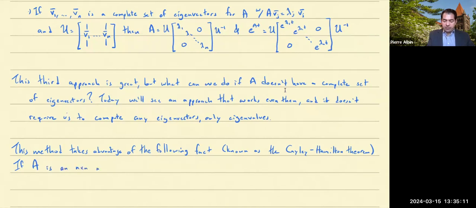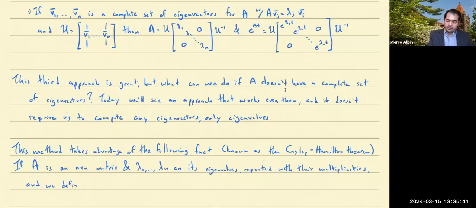If A is an n by n matrix, and lambda 1 through lambda n are its eigenvalues, repeated with their multiplicities, and we define B0 to be the identity, B1 to be A minus lambda 1 times the identity, B2 to be A minus lambda 2 times the identity times B1, and so on.